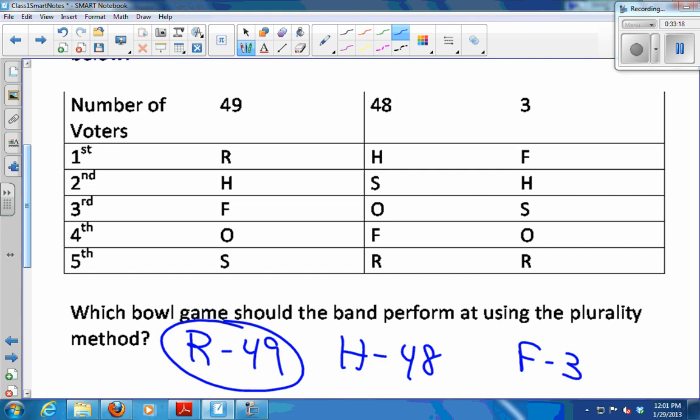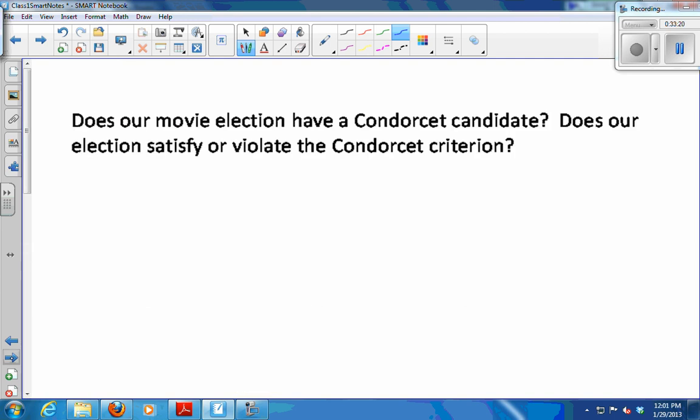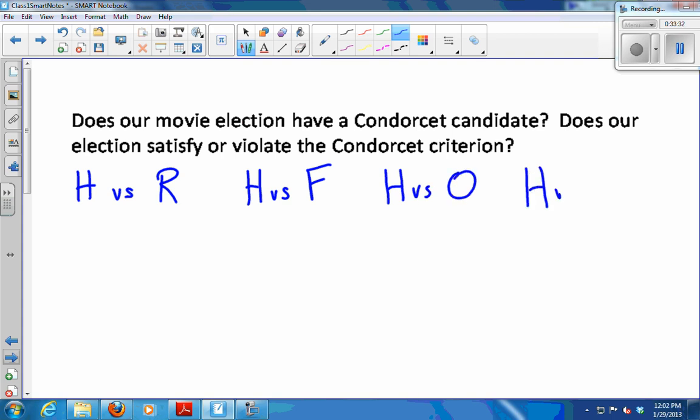So this might be a really good compromise candidate. Let's look at Hula. I'm going to compare Hula to the Rose Bowl, the Fiesta Bowl, the Orange Bowl, and the Sugar Bowl. I'm going to match Hula head to head against everybody else and see who wins.